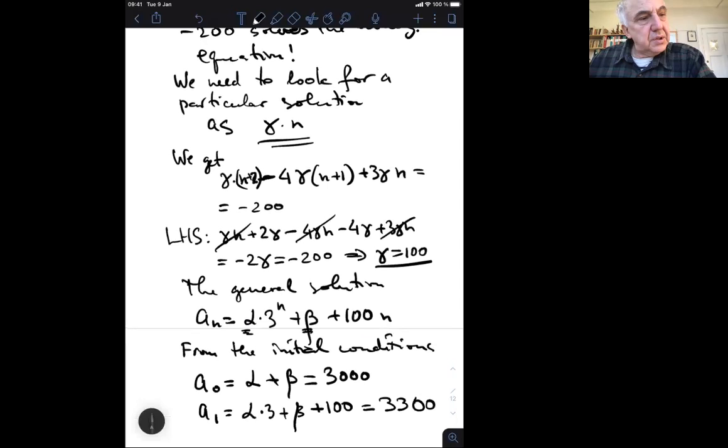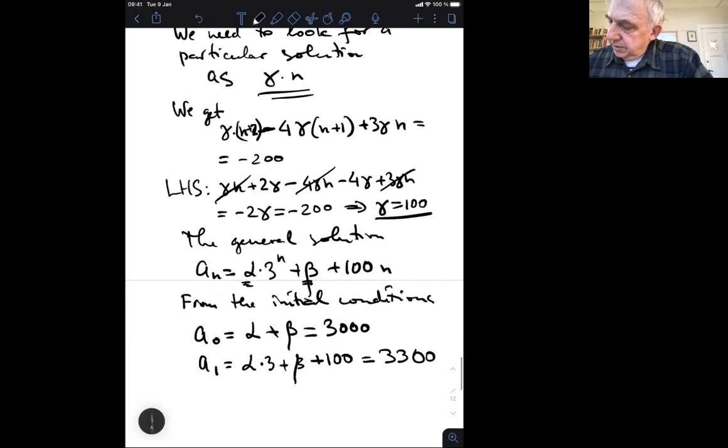Okay, let's see. If I subtract the first one from the second one, a_1 minus a_0 gives us 2 alpha, beta disappears, plus 100 equals 300, yes.